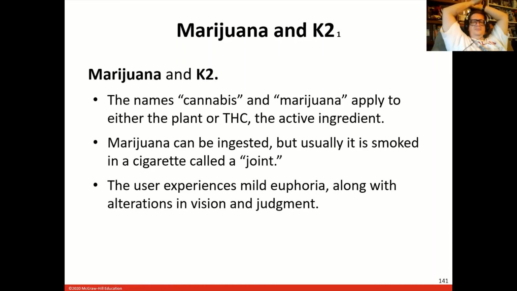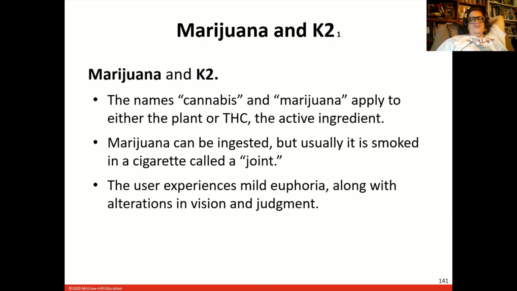Marijuana and K2, okay? Cannabis, marijuana, it's the plant or the THC active ingredient. Marijuana could be ingested, but it's usually smoked. Obviously, this book is not discussing at all the fact that this has been legalized in some states for medical use, in some states legalized for recreational use.